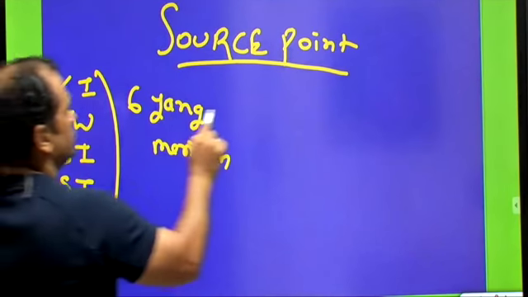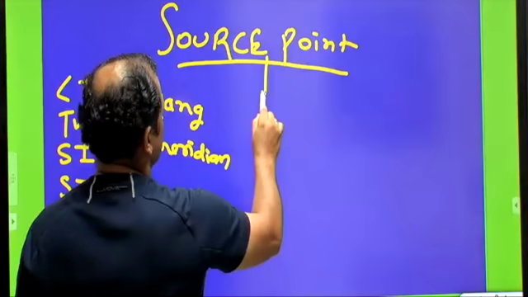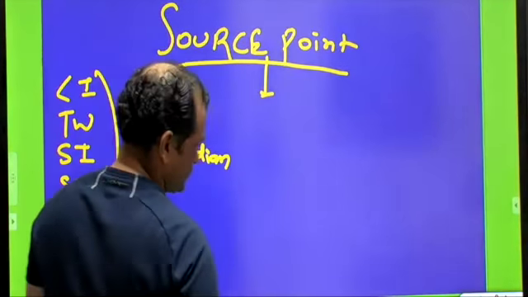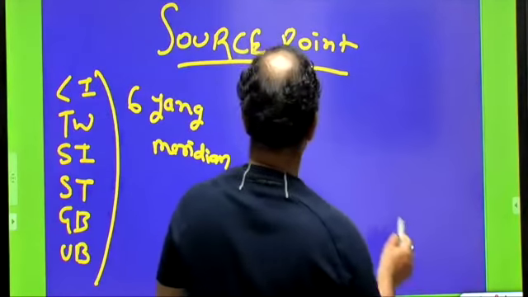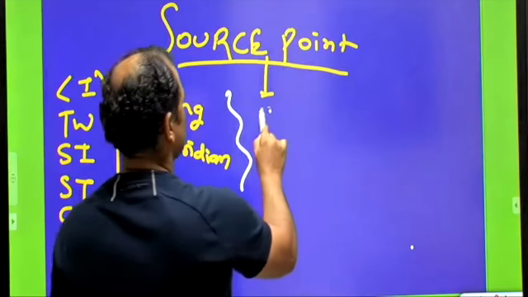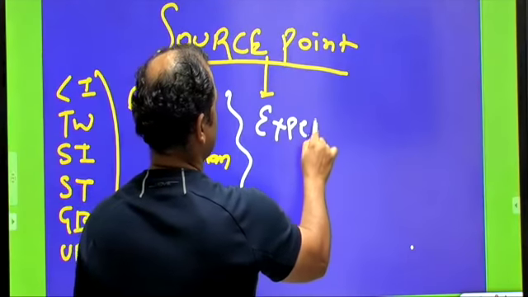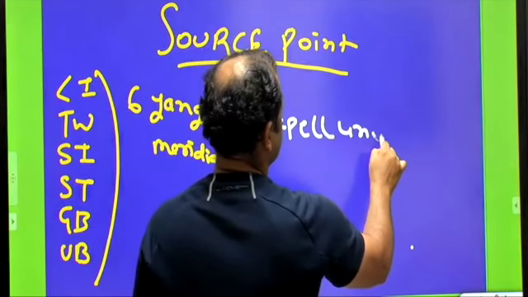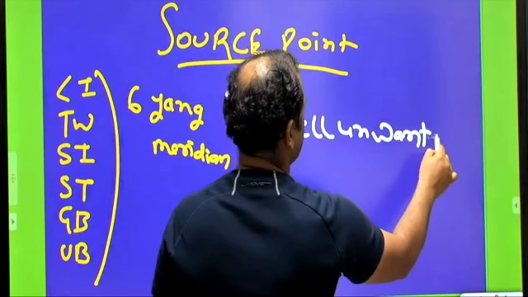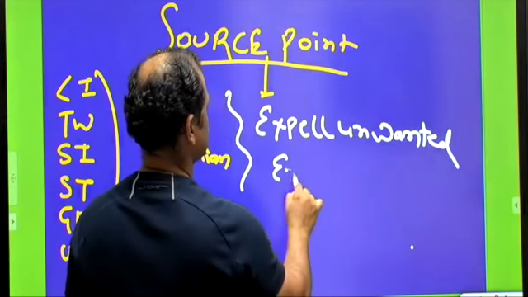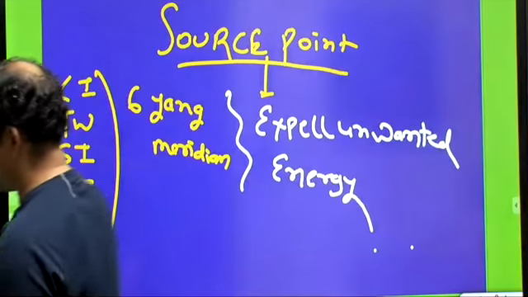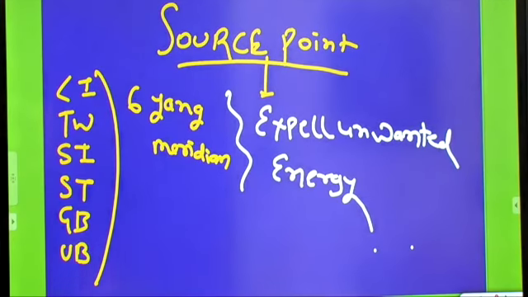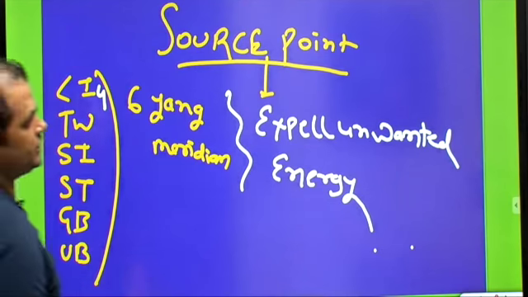So if we stimulate the source point, what do they do? They expel unwanted energy. So LI4 will expel the unwanted energy from the large intestine.